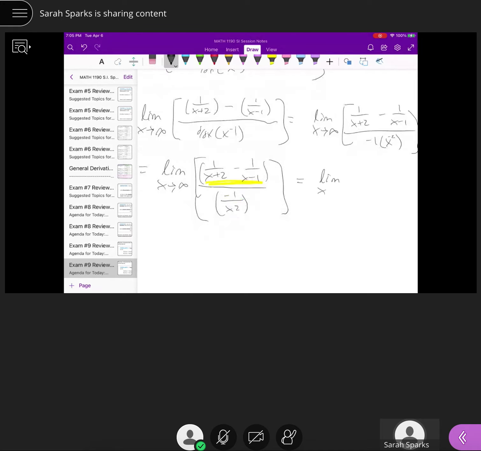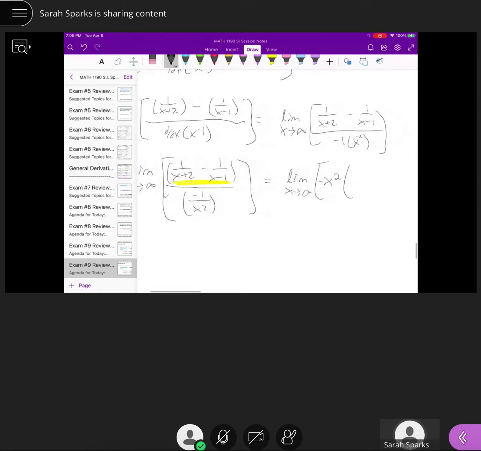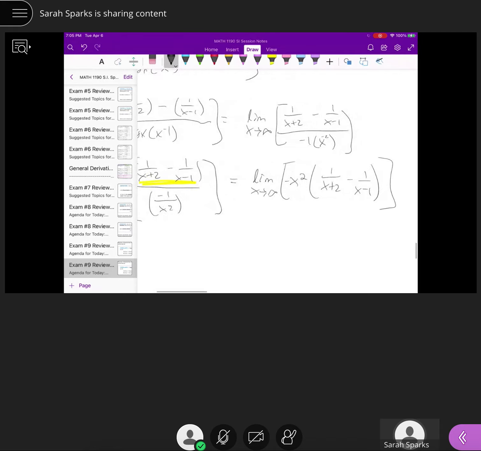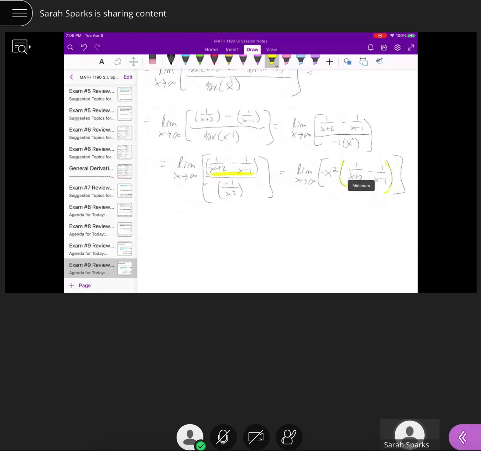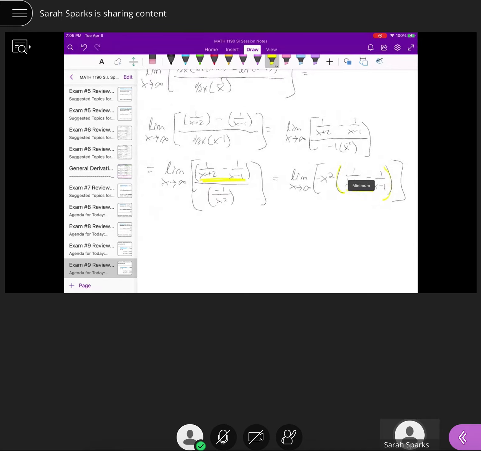So we have the limit as x goes to infinity of negative x squared times 1 over x plus 2 minus 1 over x minus 1. So how would we add these two fractions right here? I guess before I ask that, does how I got to this point make sense? I know we've been doing a lot of algebra for this problem, and it's a little tricky.